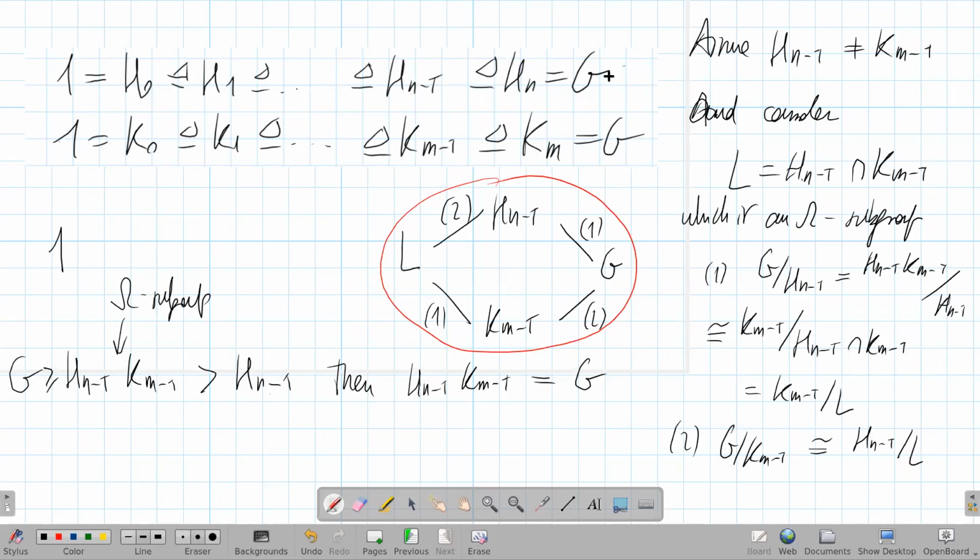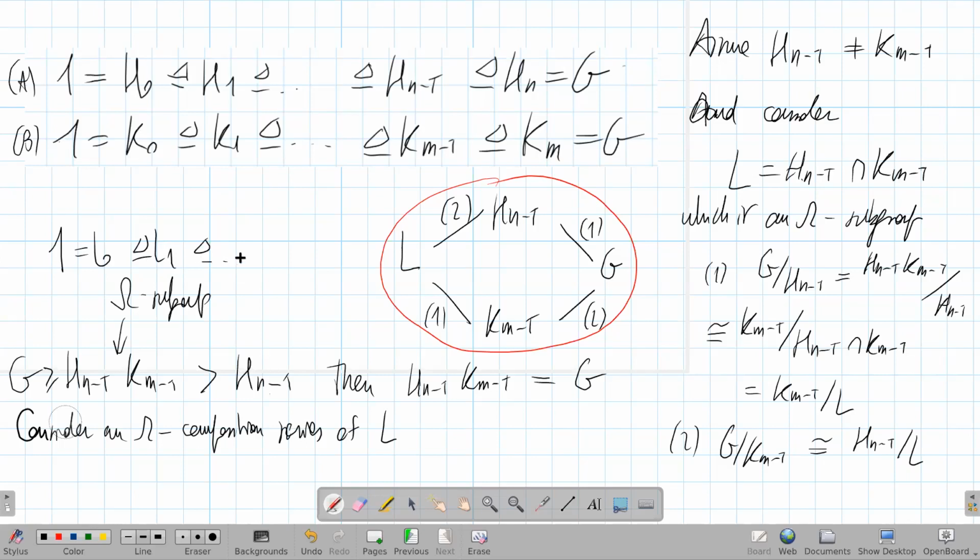And now the point is the following. Let's look at the factors of the first series. Let's call it A and let's call it B. Consider a composition series of L. This will be something like L_0, L_1, and so on until L_t, which is equal to L. These groups are finite, so they have a composition series.